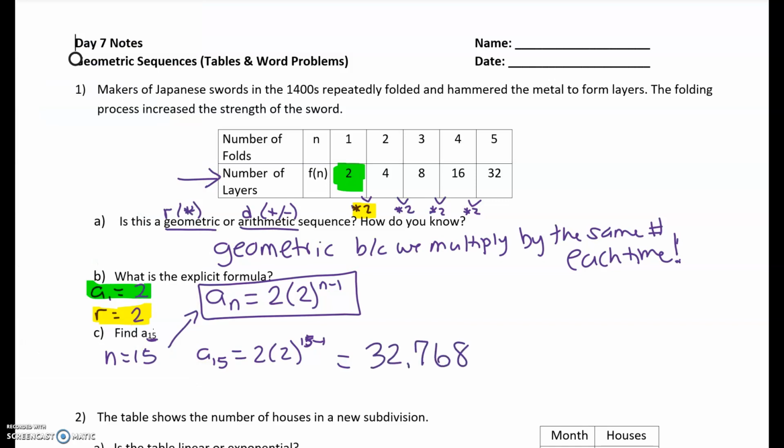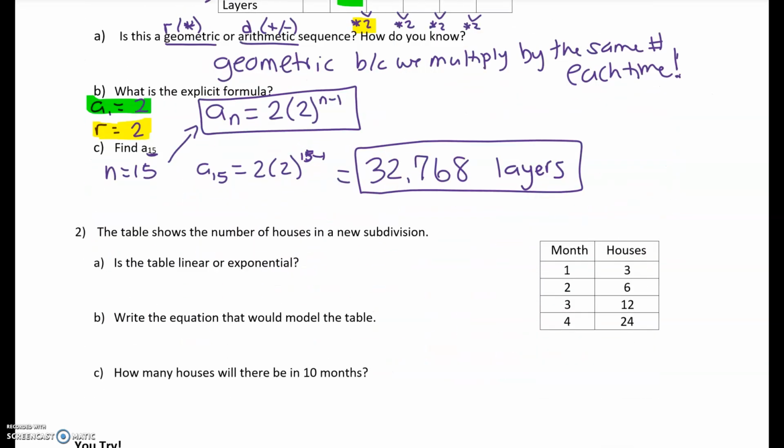What is that representing? That's representing the number of layers. Okay, after 15 folds of the metal, there are going to be 32,768 layers. So we could write a sentence for that if we wanted to. We'll write a sentence for the next one that we do.